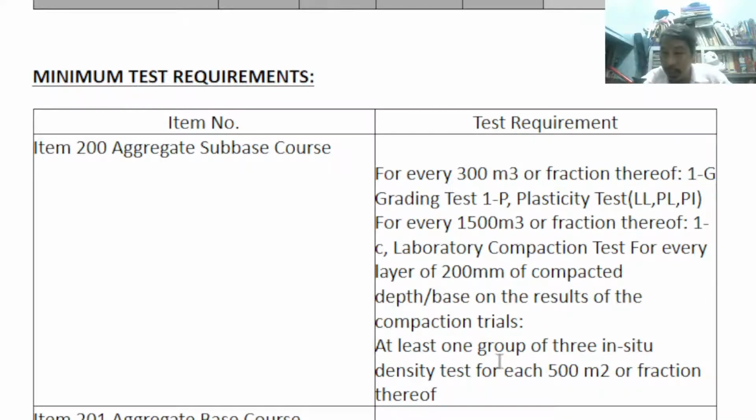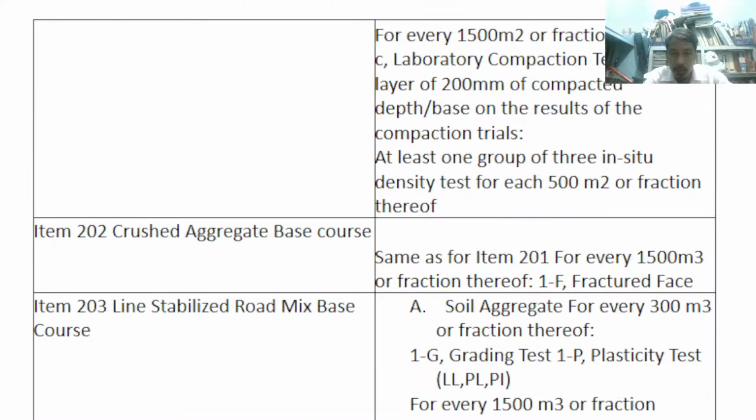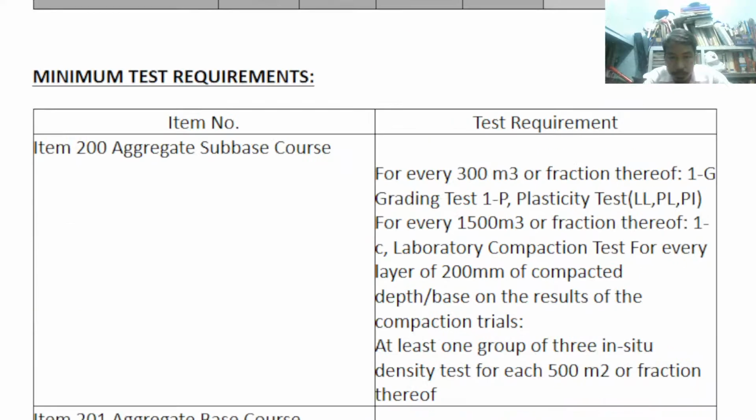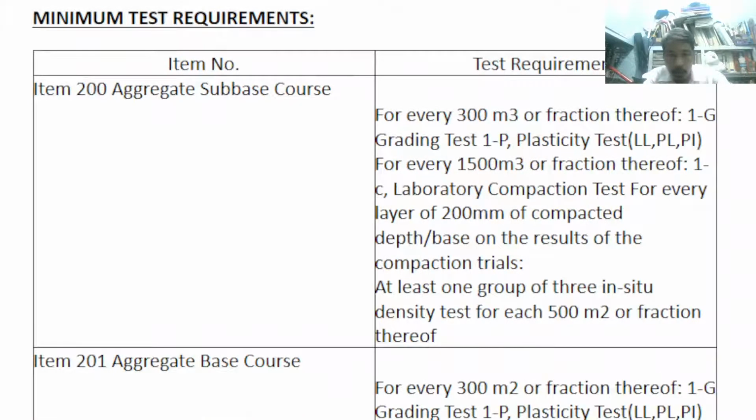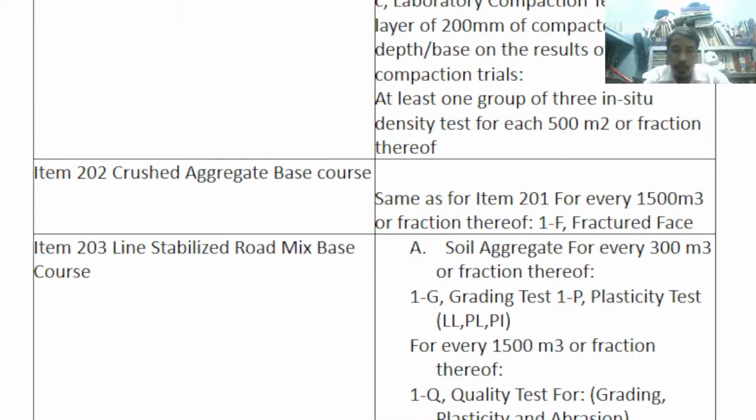for sub-base, meaning layer B. And then for layers C, D, E, F, the aggregate base course, for every 300 cubic meters or fraction thereof, the same basis, 1G, 1P.